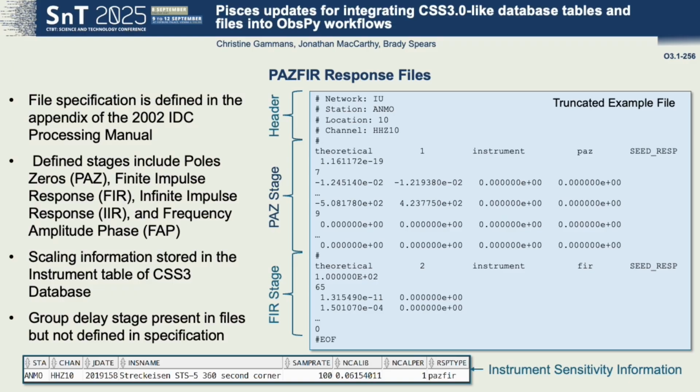The file itself contains the shape of the curve, but the actual scaling of the response for each channel or sensor is stored in the database as the calibration, calib, at period, calper, as defined in the instrument table, or the calib and calper in the wfdisc table.